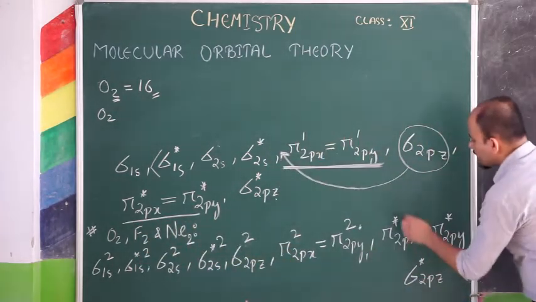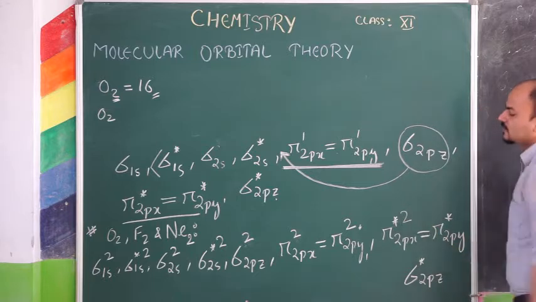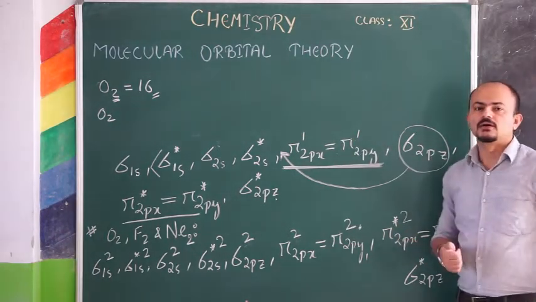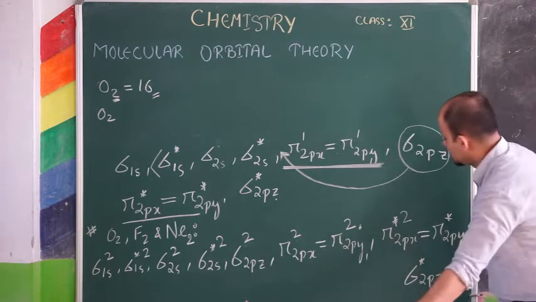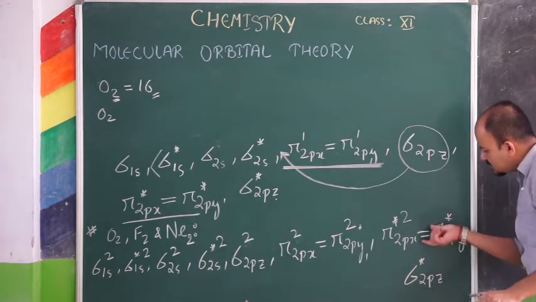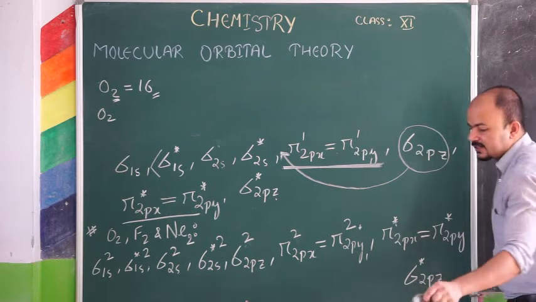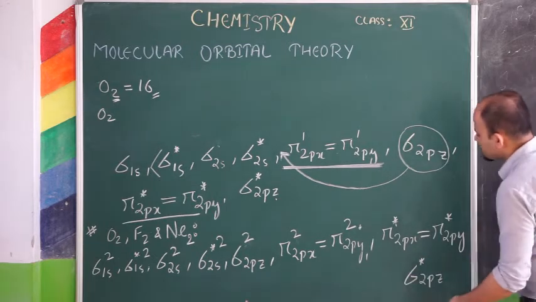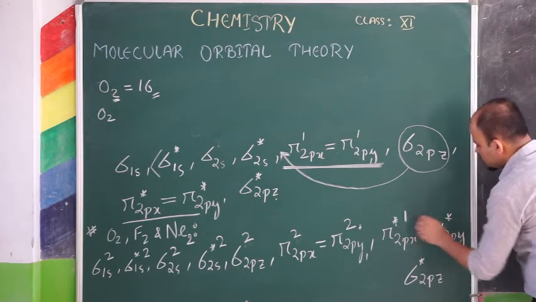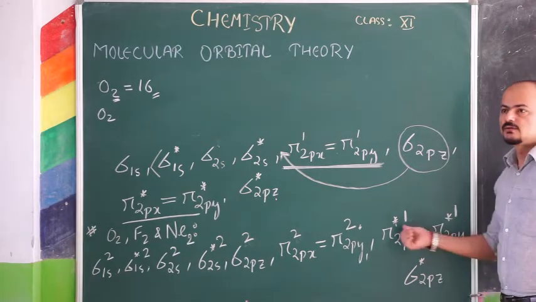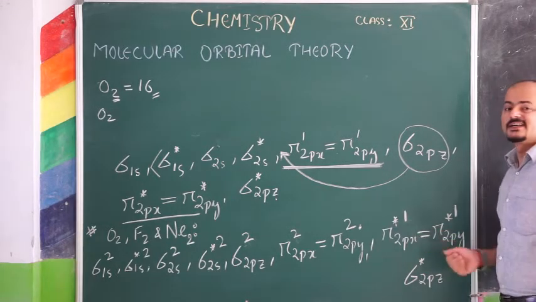Then, if you write 2 electrons over here, that makes 16, but it will be wrong. I told you why: because these two molecular orbitals, equal to sign, are degenerate, meaning they have the same energy. Therefore, first they have to be singly occupied. So 1, 1. 14 plus 2 is 16.